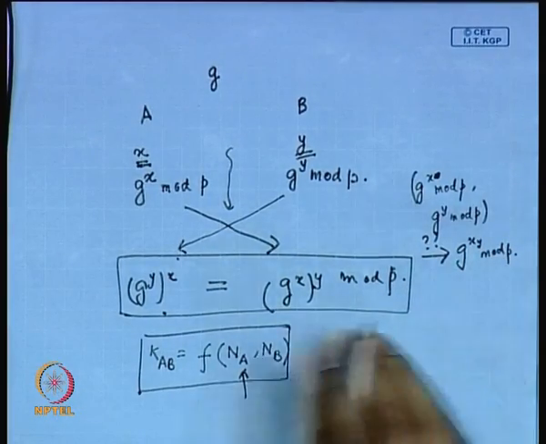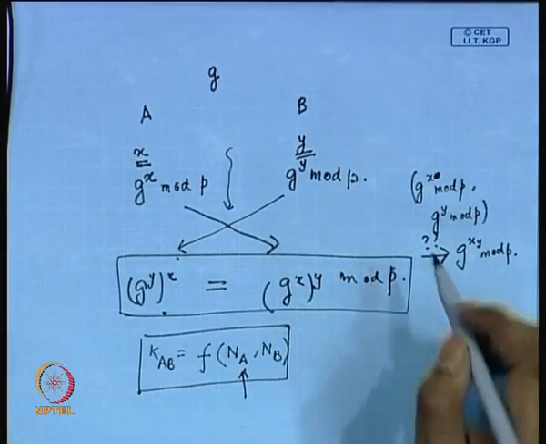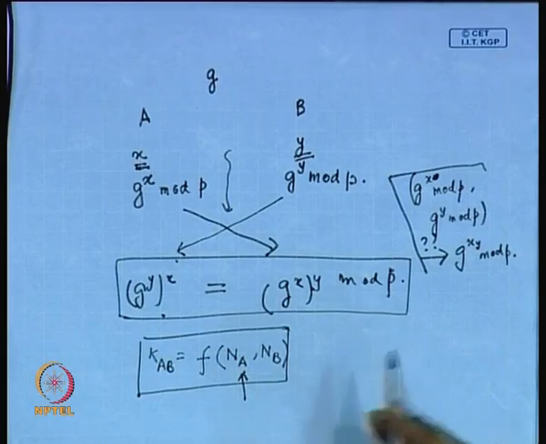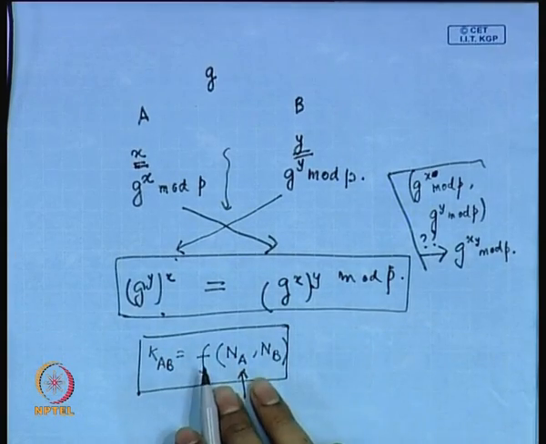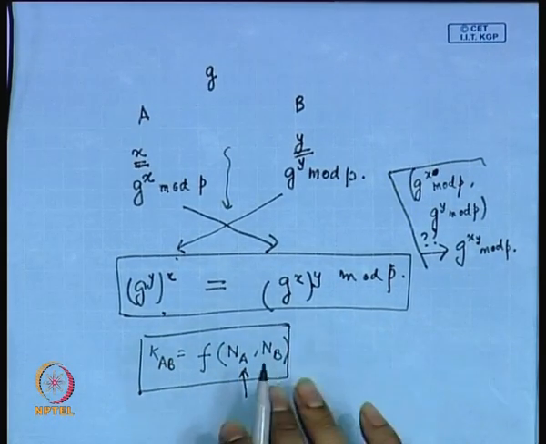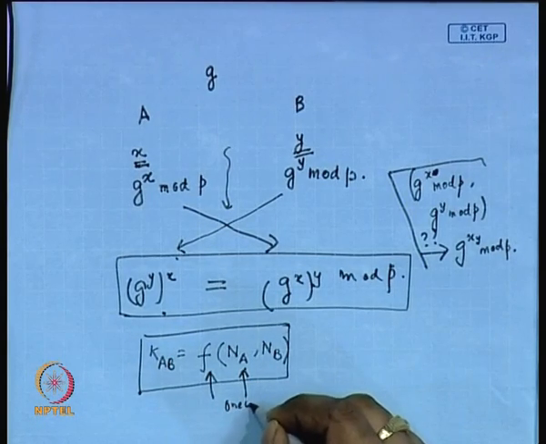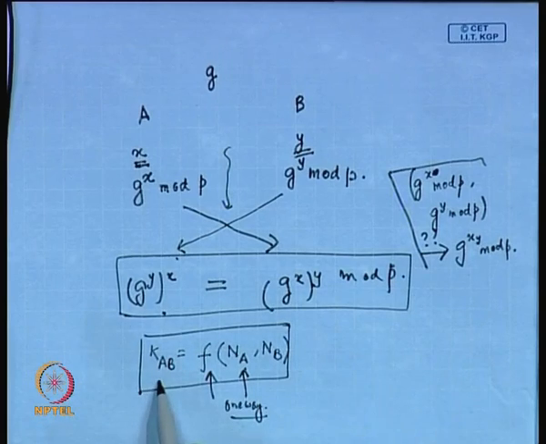This is believed to be a difficult problem, known as the famous Diffie-Hellman problem. So the idea is that the function f should not be skewed towards either NA or NB, and it is typically a one-way function, because it is also important that knowledge of KAB does not reveal the value of NA and NB.